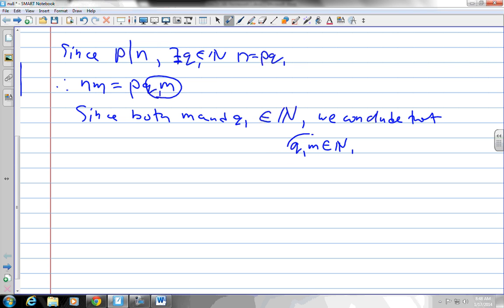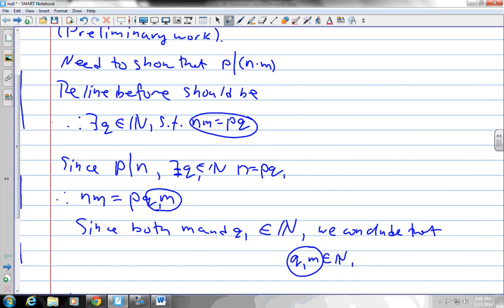That product has to be a natural number, so let Q equal the product of Q1 and M. So therefore, NM equals PQ. Right? And we're done basically, right? So you got this line. So therefore you get the last line. And then you kind of make it nice and pretty.